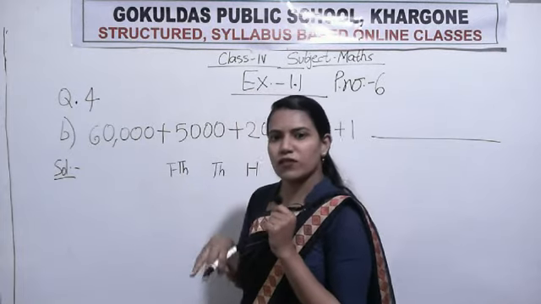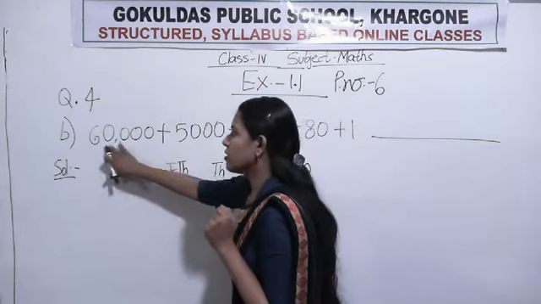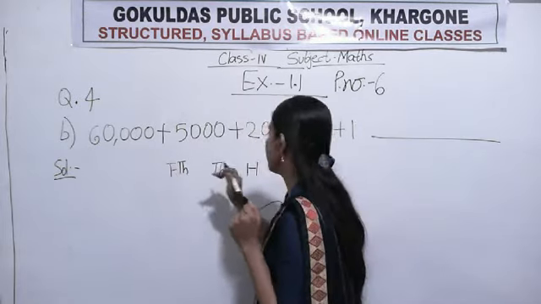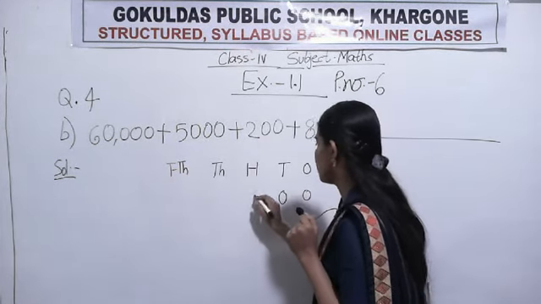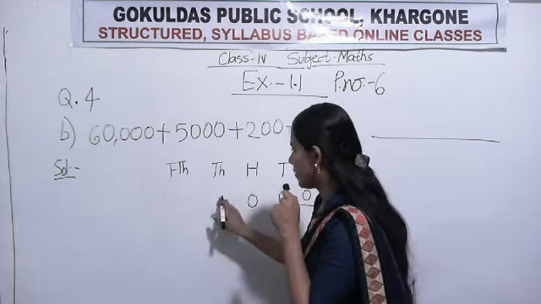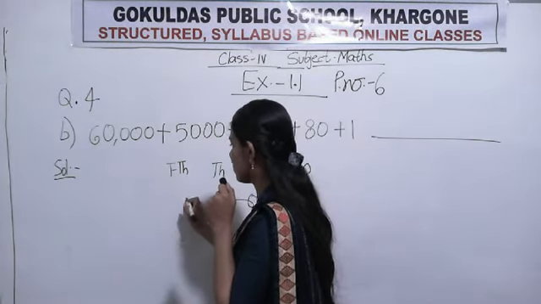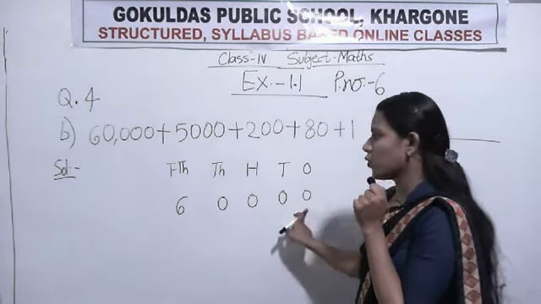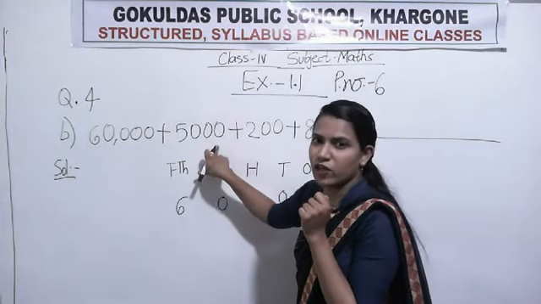Now start putting all these numbers in the place value chart. Our first number is 60,000. Put 0 at the ones place, 0 at tens, 0 at hundreds, 0 at thousands, and 6 at the 10,000 place. Now the next number is 5,000.